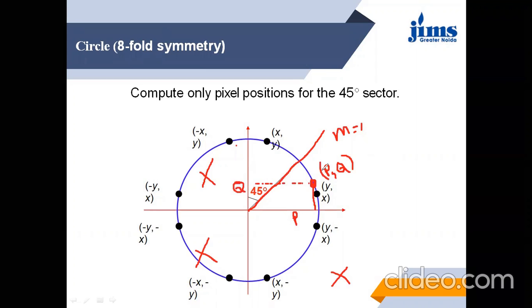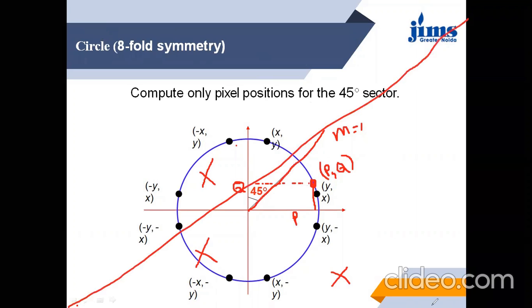Now, if I want to reflect this from this point to this point, suppose this is a paper and I am trying to fold it from this point to this point, means I will take this point and put it over here. When I fold, the fold will be like this.